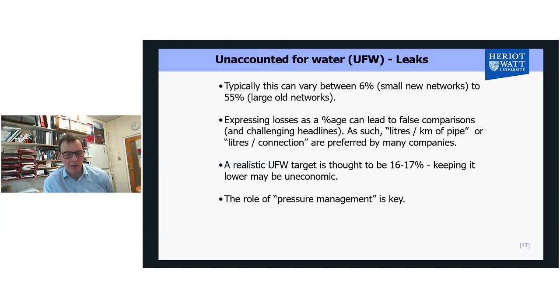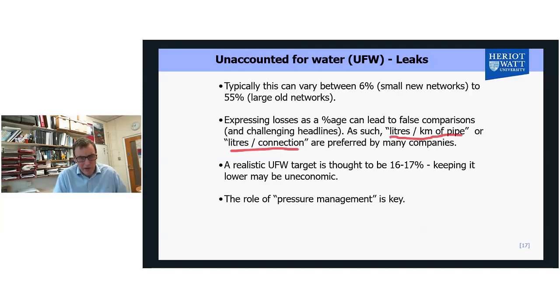But it's really hard to compare that to other networks because it's down to factors like pressure and also the length of pipe network that you have in your system. So a much more accurate way to talk about it is litres per kilometre of pipe which is lost to leakage, or even leakage per connection.